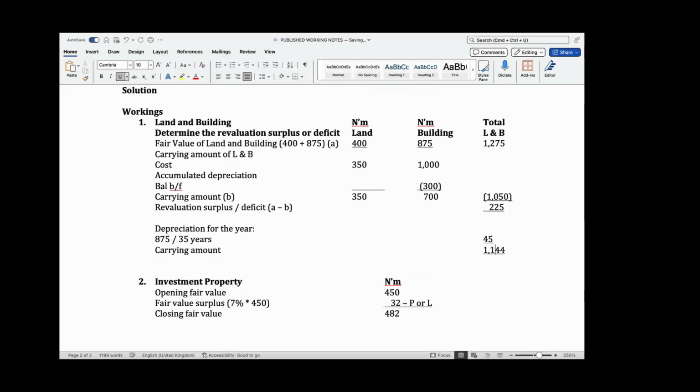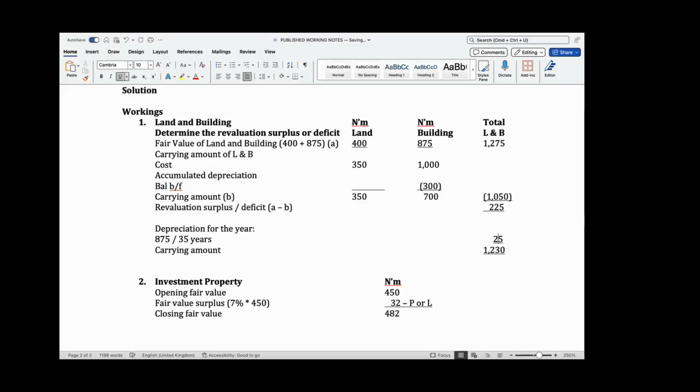So 1275 minus 45 is how much? Is that correct? The depreciation is 875 divided by 35, that's 25.